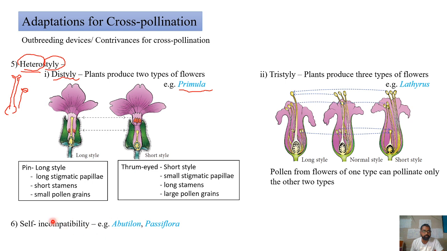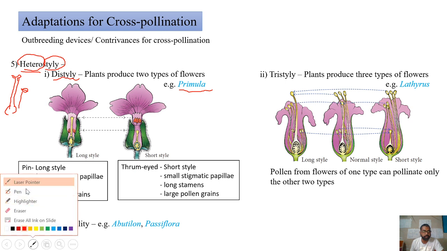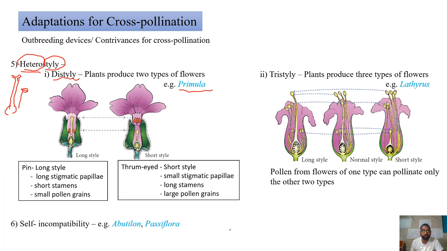The reverse is here. That is self incompatibility, which means the pollen grains from the same plant, it is not just about the same flower, but same plant, are incompatible, which means autogamy and geitonogamy will be prevented.